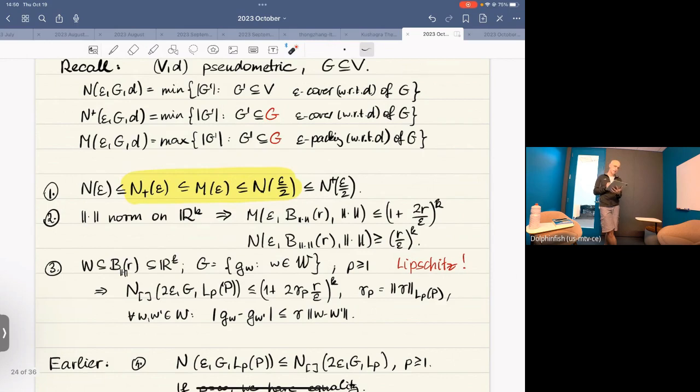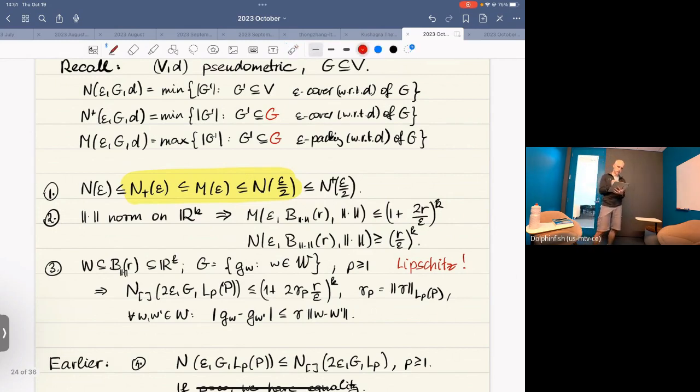And the second result was that if you have a norm on a Euclidean space, then you can upper bound the packing number of the unit ball with respect to the norm by a quantity which scales basically with radius over epsilon to the power of k.